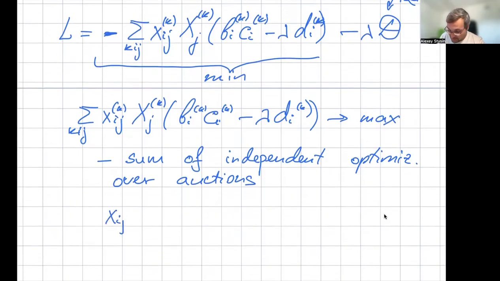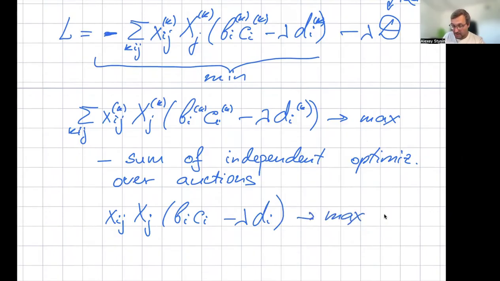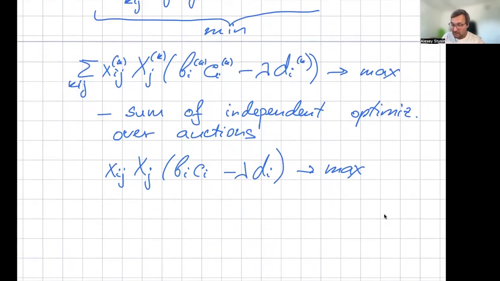So we have this Cij, xj, bi, ci minus lambda di. We want to maximize, and I dropped the k because this problem is the same in every auction. Yes, we need to keep the sum over i and j.